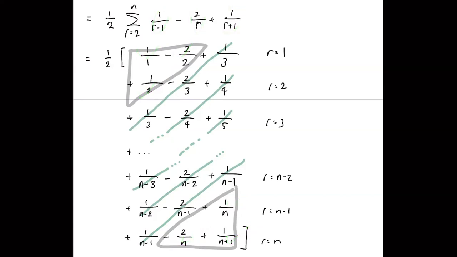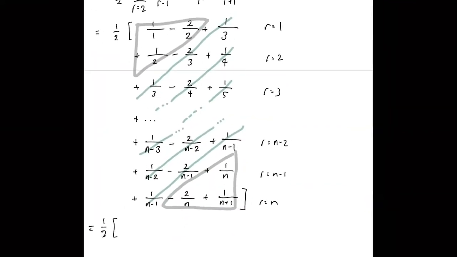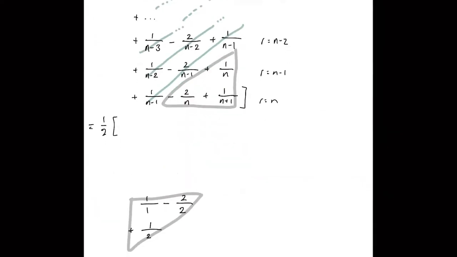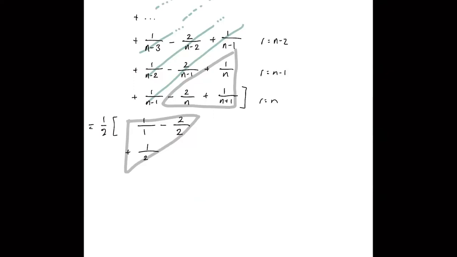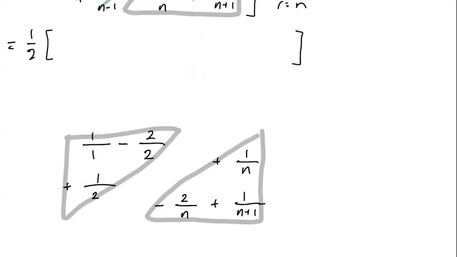Okay, so sub in, so just simplify it down. You get half multiplied by, let me just copy down the triangle, and the other triangle. Okay, and the close bracket. Okay, good. Just to make it look neater, I'm just going to rewrite it.